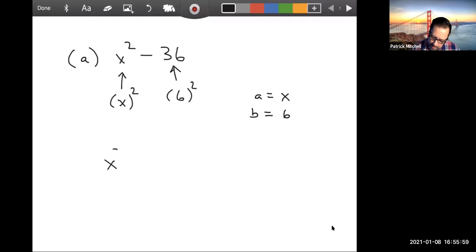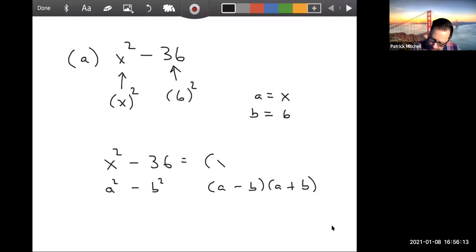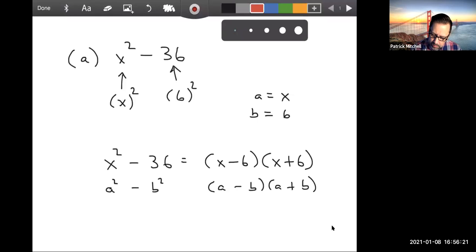So if you take x squared minus 36, which has the form a squared minus b squared, the answer is going to have the form a minus b times a plus b. So that makes the answer x minus 6 times x plus 6. It is as simple as that.